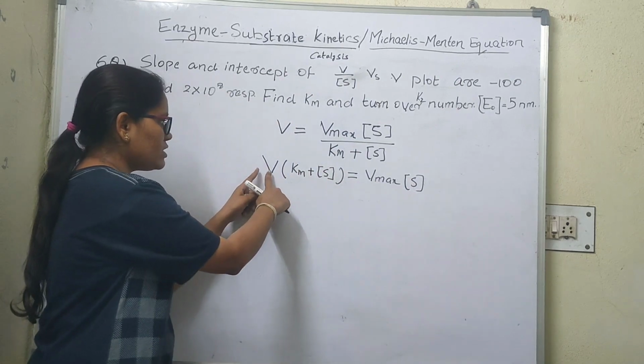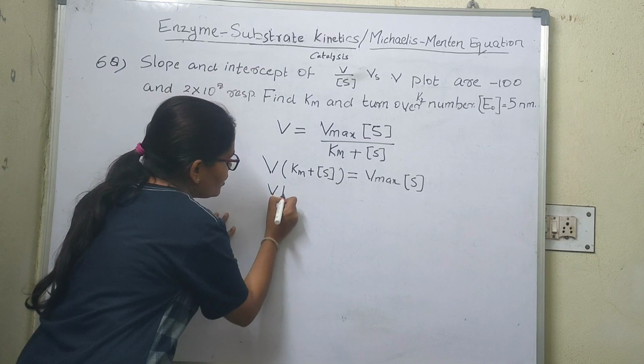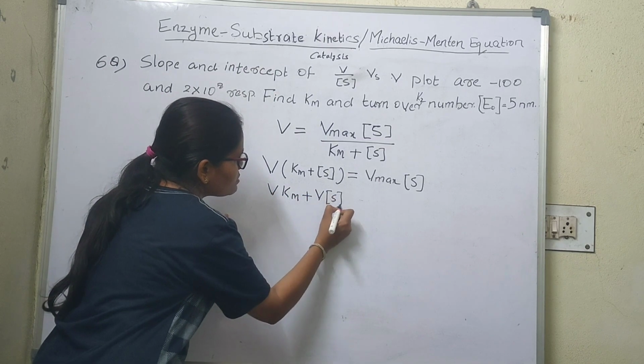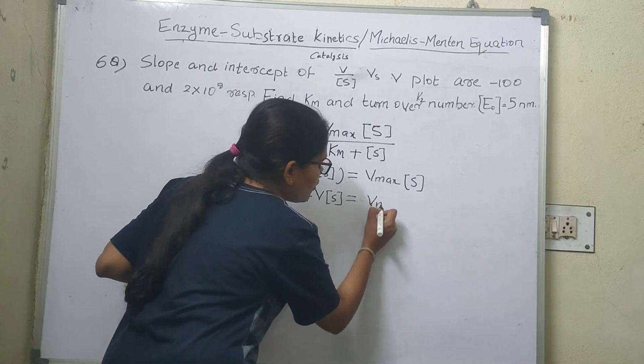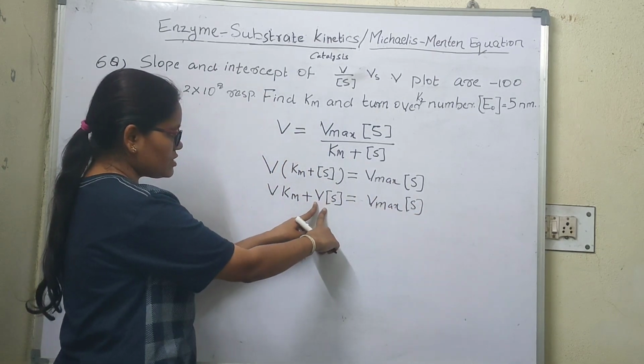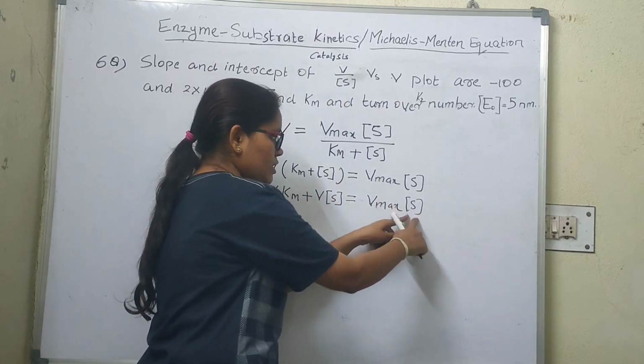Now I multiply this V inside this bracket. So I get V into Km plus V into concentration of substrate is equal to V max into S. Now I can take this V into S to the right hand side, so that I can take S common.